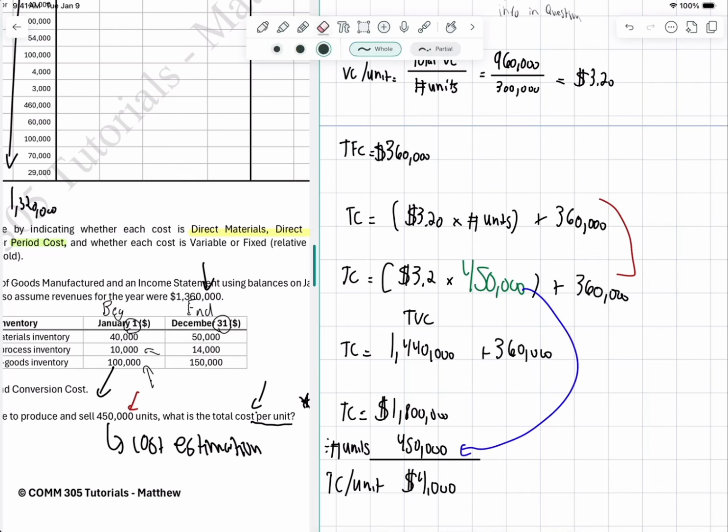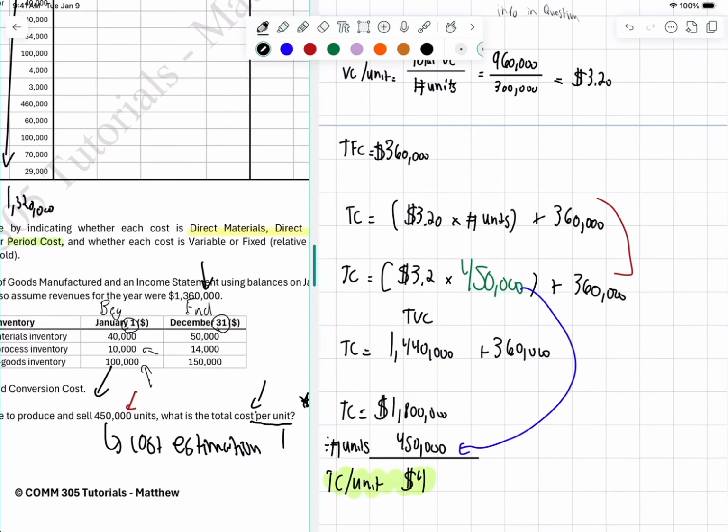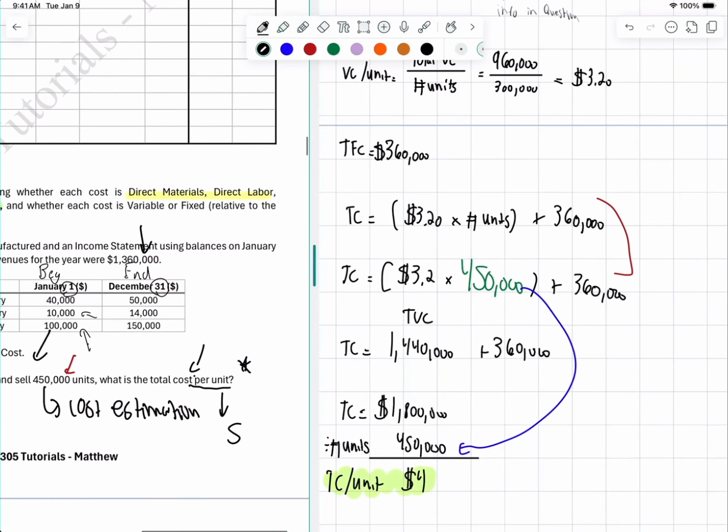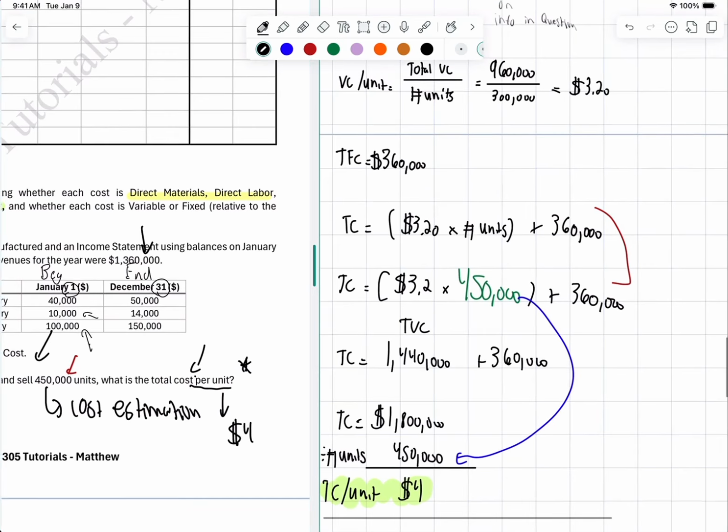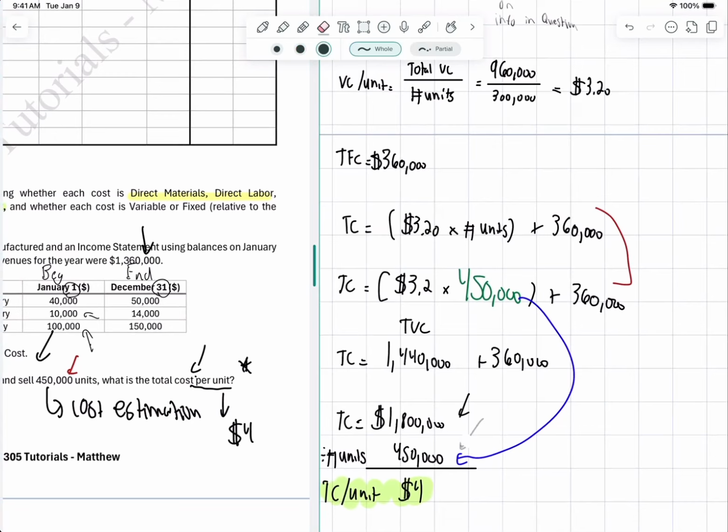Actually, let me check my Excel, make sure there's no rounding here. Give me 1 second. Yeah, we're good. $4 on the dot. I love clean numbers. So $4 is your answer to this question. The cost per unit, if you were to make 450,000 units, your total cost per unit is $4, because the total is 1.8 million, and that 1.8 million comes from 450,000 units.